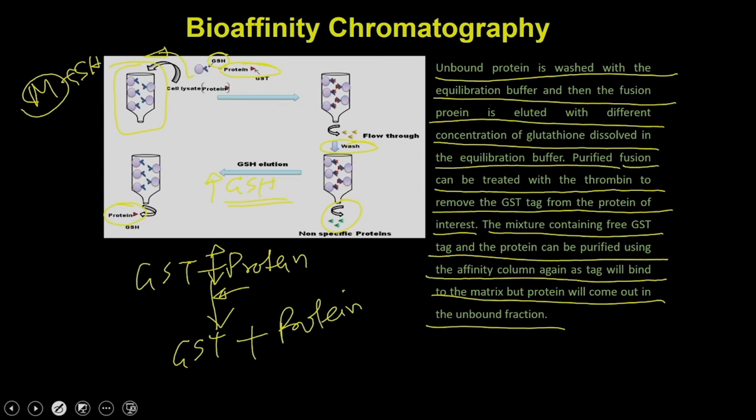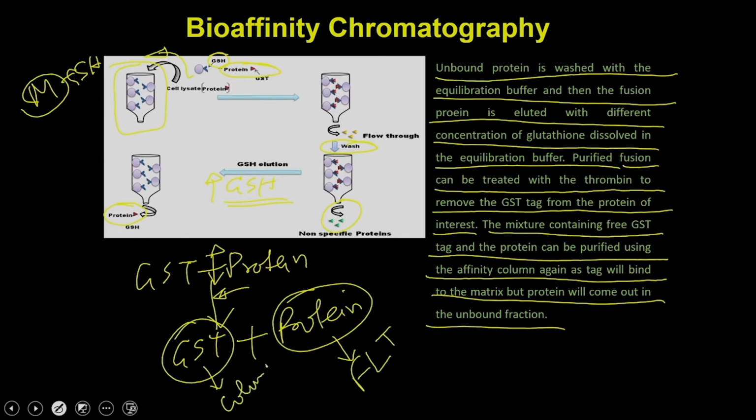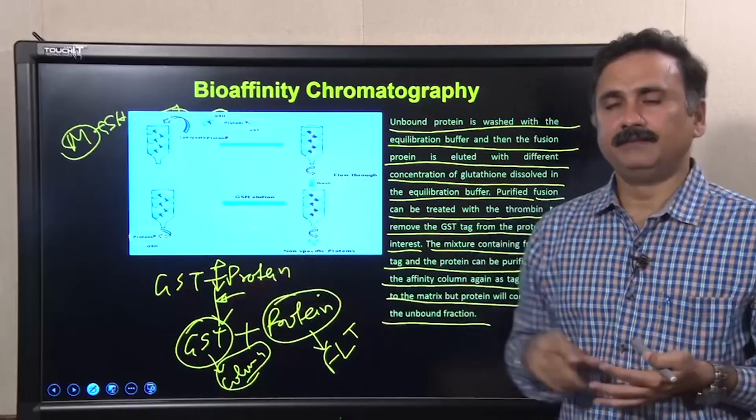Once you do that, the protein, because it does not contain the GST tag, will come out in the flow through, whereas the GST will bind to the column, and that is how you can produce the protein which does not contain the GST tag.